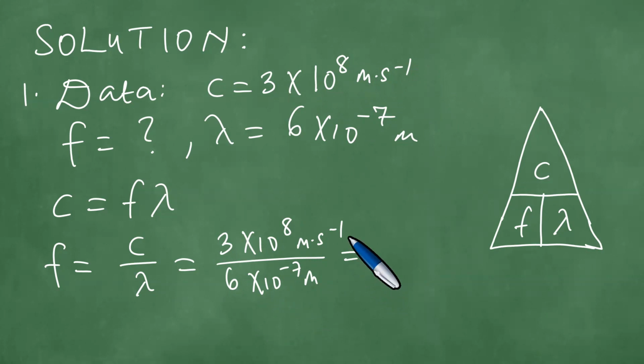So what is the answer to this? Use your calculator, please, Luyanda, to get the answer. 5 times 10 to the power of 14. Right, you're getting 5 times 10 to the 14th power, and this is going to be in hertz.